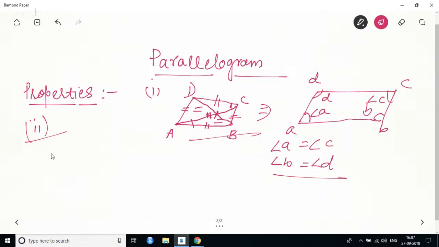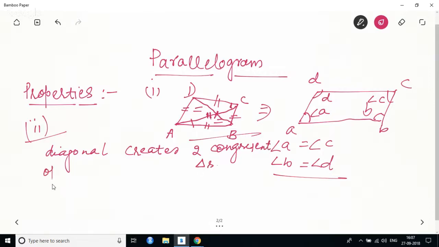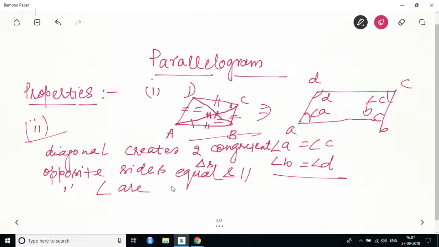First was that the diagonal creates two congruent triangles, opposite sides equal and parallel, then opposite angles are equal, then we have diagonals bisect each other.